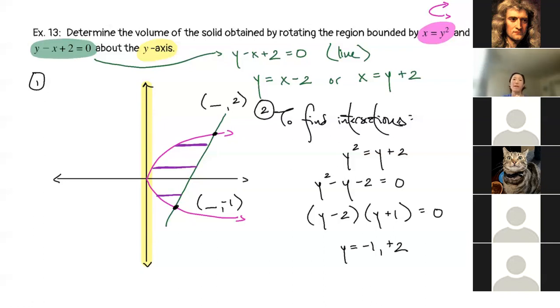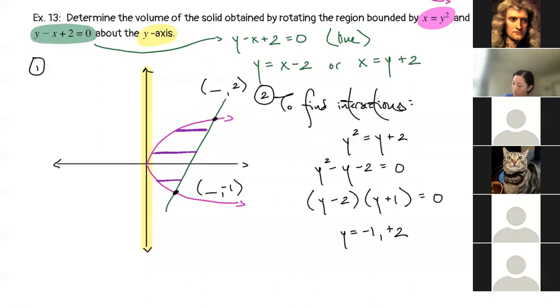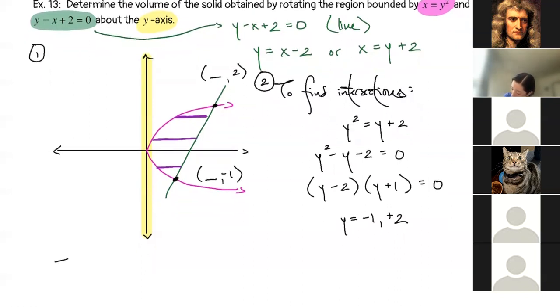Now, from drawing these purple lines, are you thinking pi r squared or pi big R squared minus pi little r squared? Which one are we thinking? Just regular pi r squared or pi big R squared minus pi little r squared? I see many votes for pi r squared.